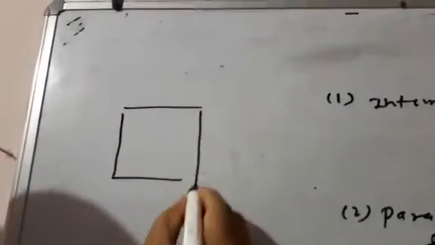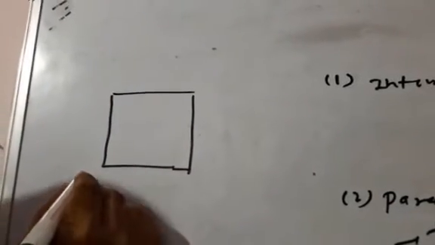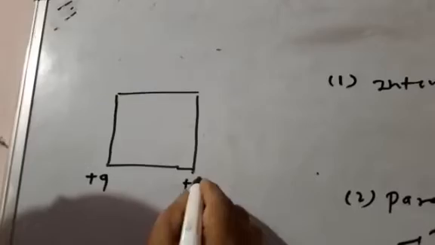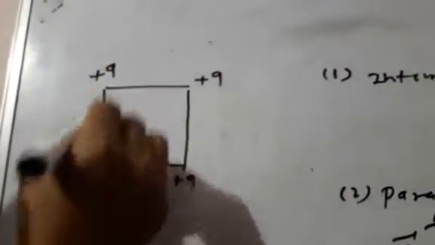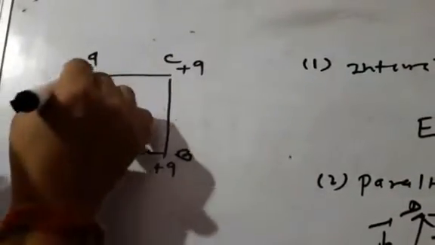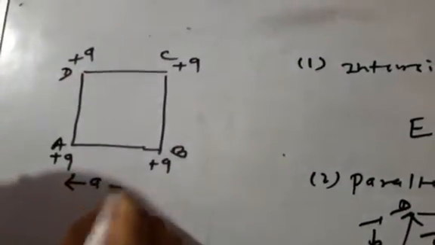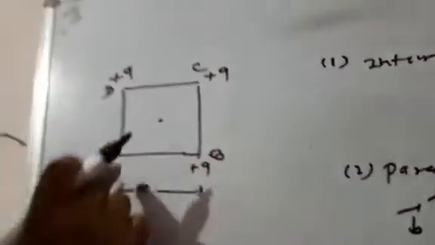For example, if four point charges plus Q are placed at the corners of a square of side length A, then we have to find net intensity at the center.